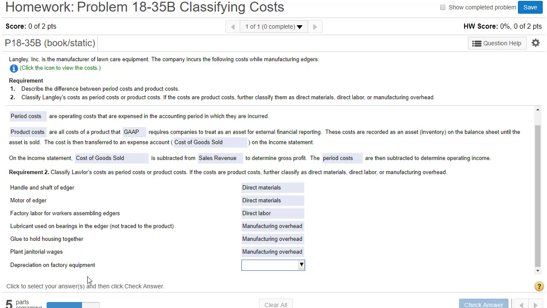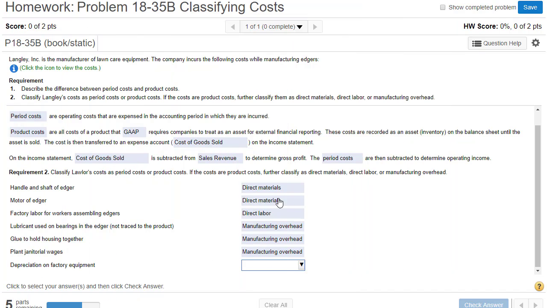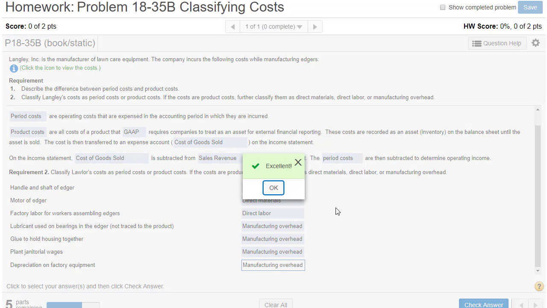Next, we've got depreciation on factory equipment. So the key is this is the factory equipment. Again, this is a product cost, but it's not a direct cost. It's not direct materials or direct labor, so it has to be manufacturing overhead, because we do not trace this depreciation specifically to one edger or the other.